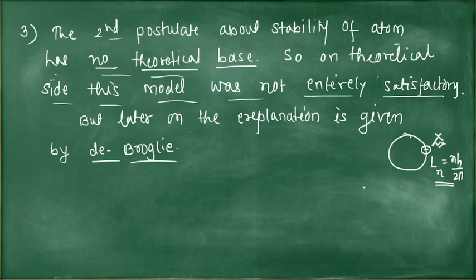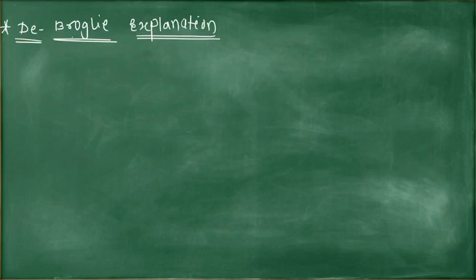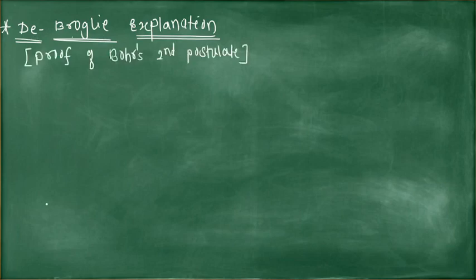So let us see the proof of this postulate, which is given by de Broglie explanation. This question may be asked for 2 marks in the board exam. De Broglie explanation: proof of Bohr's second postulate.